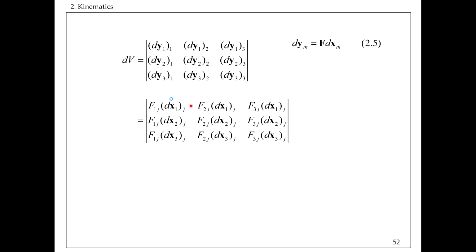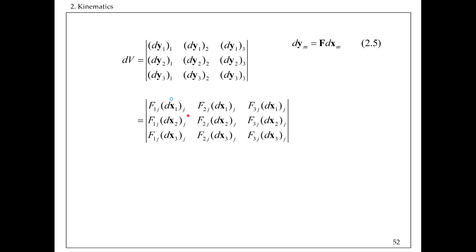So we could write the new vector dy1 as a multiplication of f and dx1, and the first component of that will be such that we put here an index i equal to 1. That is exactly here, i equal to 1, and j, where we have a summation.